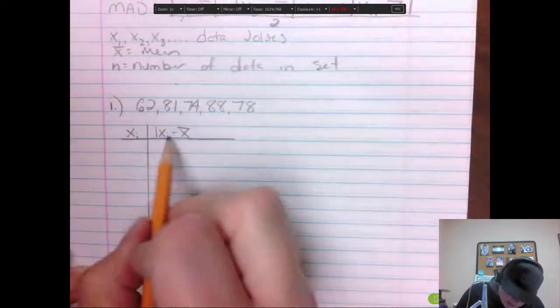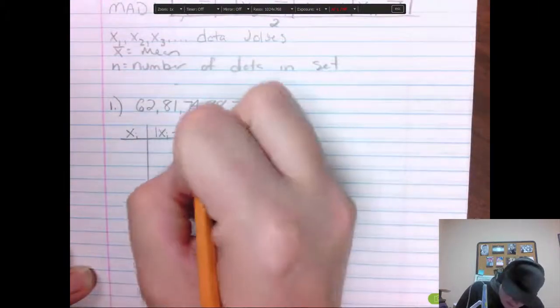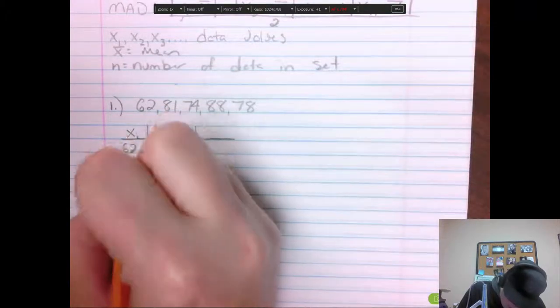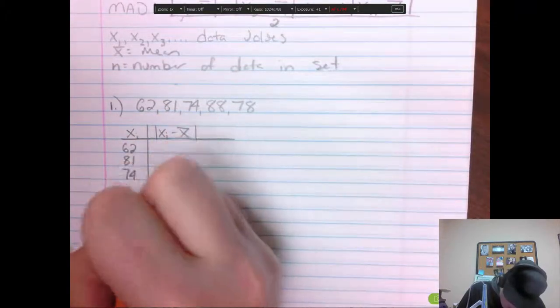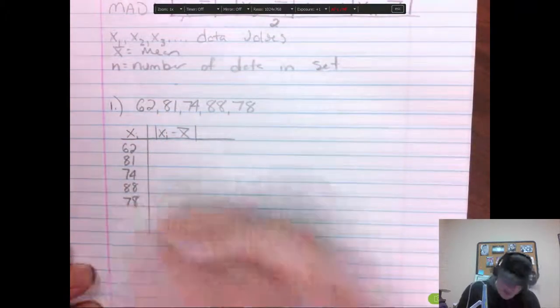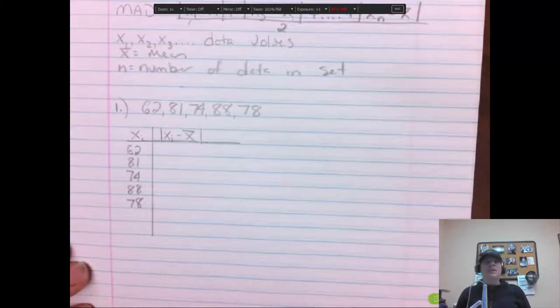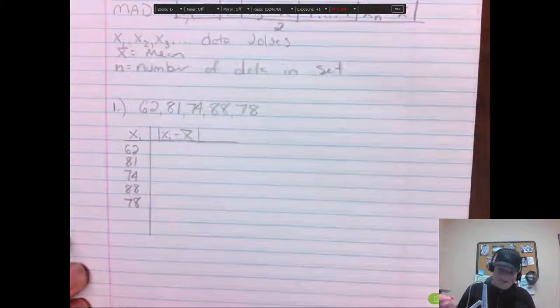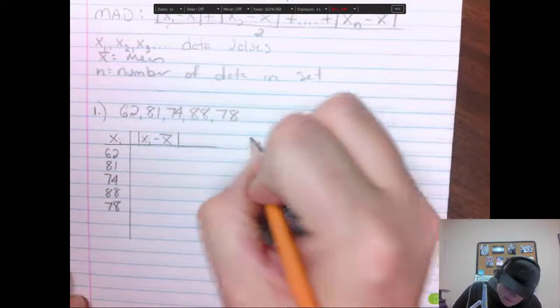We just used a letter. Okay, so what I'm going to do is write each number: 62, 81, 74, 88, 78. And I'm only going to do this with 5, and all of your data sets are smaller because they're just too big. So what I'm going to do is take each data value and subtract the mean. So I have to find the mean. So what is the mean?